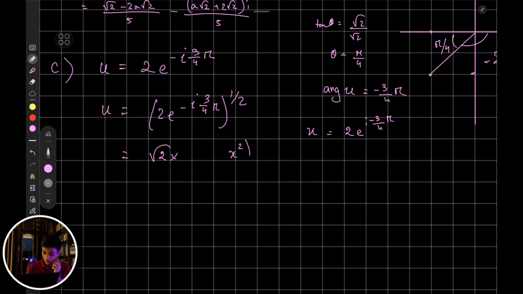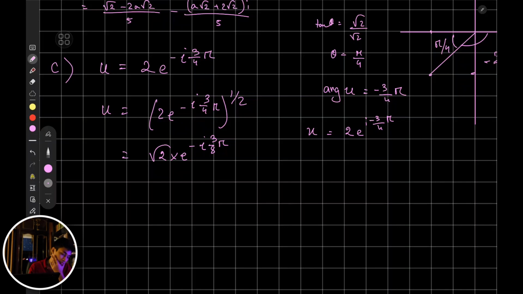Let's say x to the power 2 to the power of 3, in this case x will have a power of 6, right? So in this case, e to the power minus i 3/8 of pi. This is one square root.